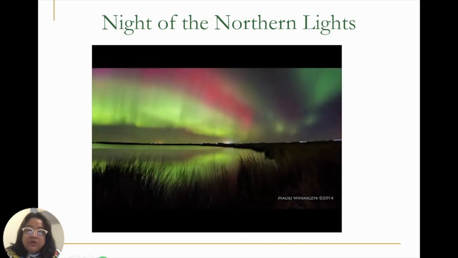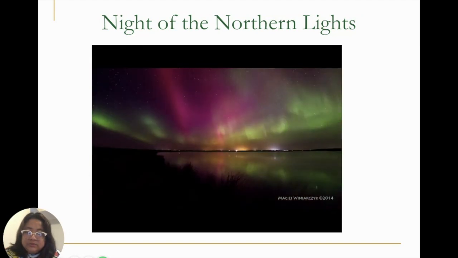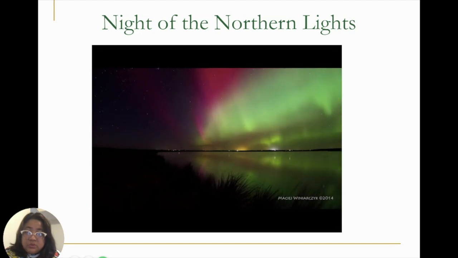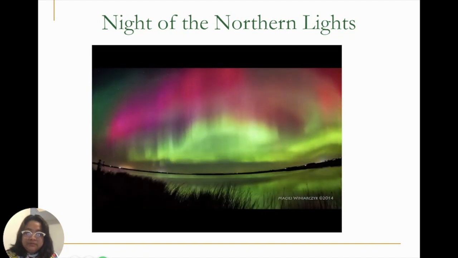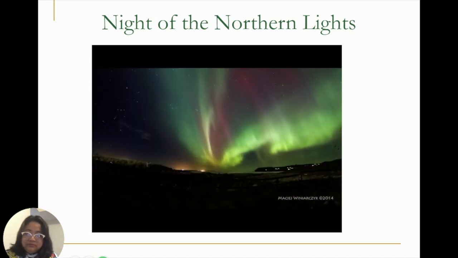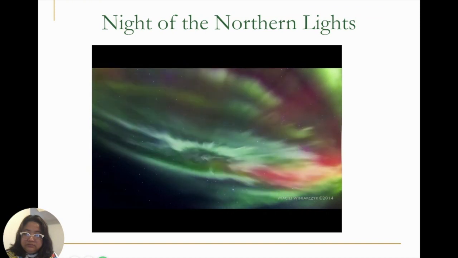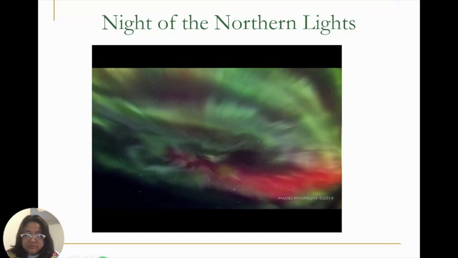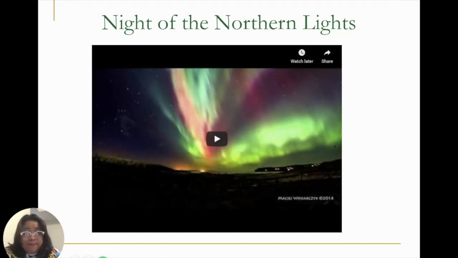This is a time lapse of the northern lights. Wow. Wow, that is so amazing.